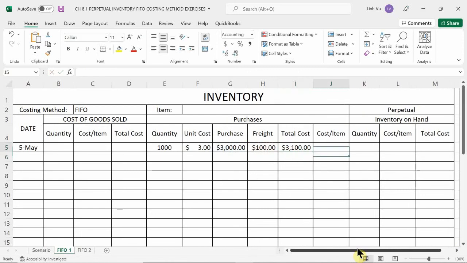Because it's FIFO, I need to solve for my inventory batch. What is my inventory batch cost per item? $3.10. So this is my very first batch of inventory.